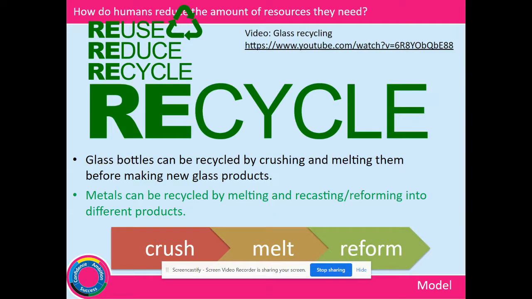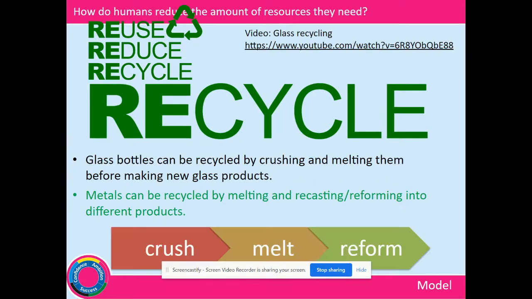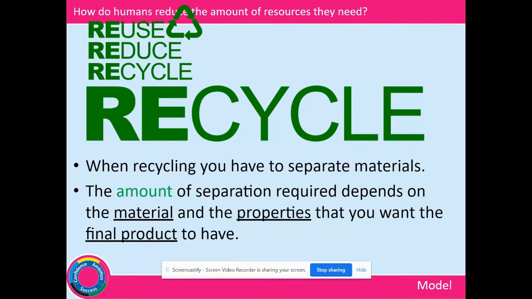Another thing we can do is recycle. Watch the video on glass recycling, make some notes, think about what's involved. In an earlier lesson, you'll have learned that if we react two different reactants together, we will make a product or products, and the products will have different properties to the reactants.